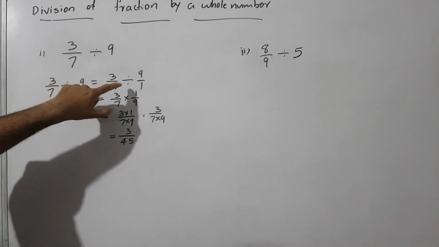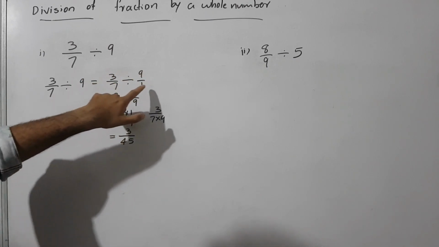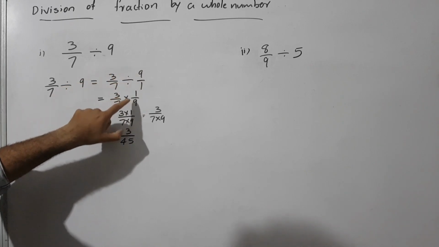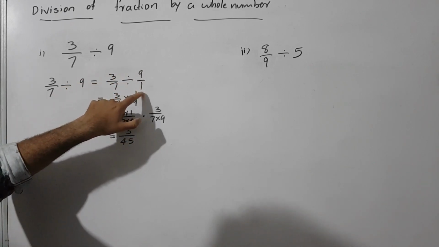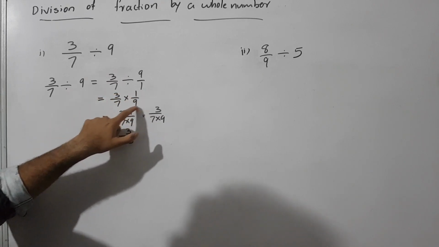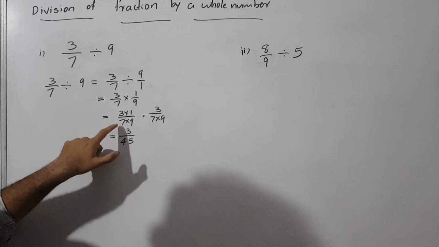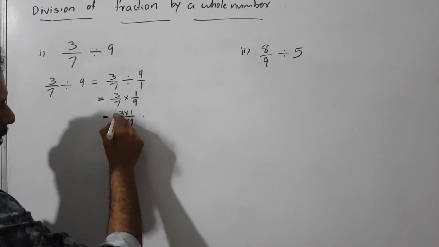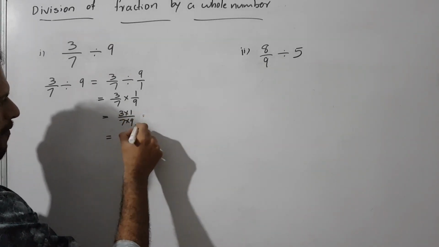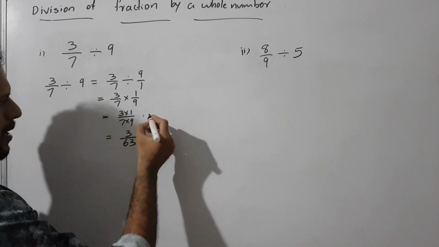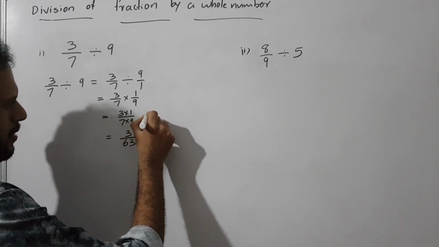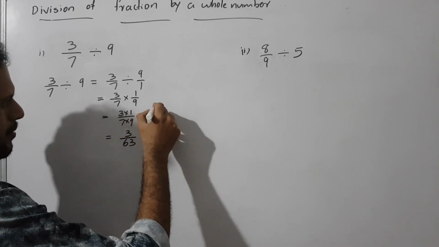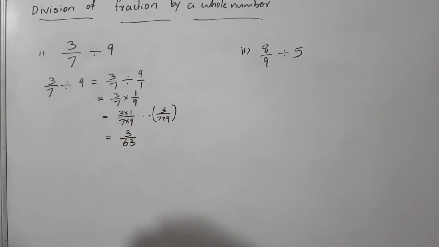Then 3 by 7 divided by 9 by 1 is equal to 3 by 7 into the reciprocal of the second fraction, that is 1 by 9. Then we multiply the numerators, 3 into 1, by 7 into 9. 3 into 1 is 3, 7 into 9 is 63. I am just writing one step like this here: 3 into 1, 3 by 7 into 9.